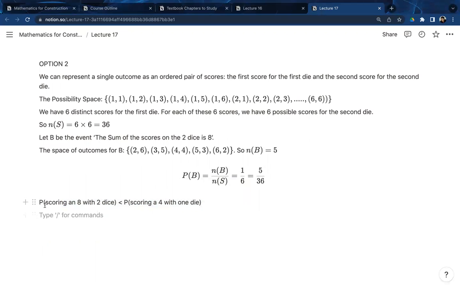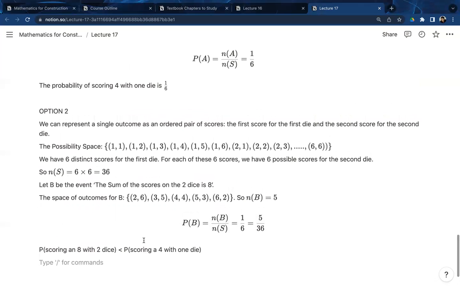The probability of scoring an 8 with 2 dice is actually less. It is a lower likelihood of happening, 1 over 36 less than scoring a 4 with 1 die. Okay, so option 2 is not the better one, it is actually less. Your chances are better if you just take 1 die and try to get a 4. It's actually better than taking 2 dice and trying to get a sum of 8.